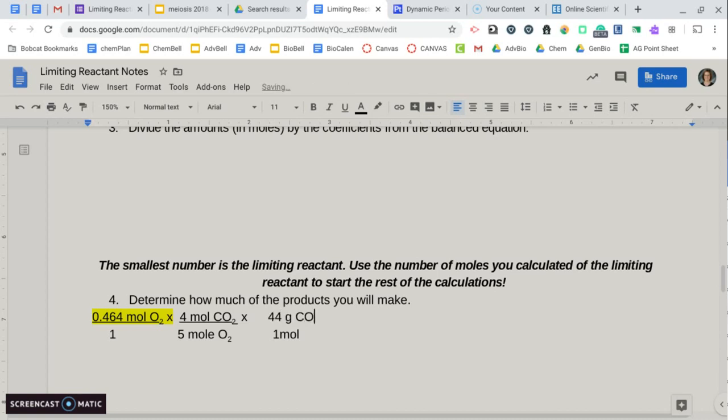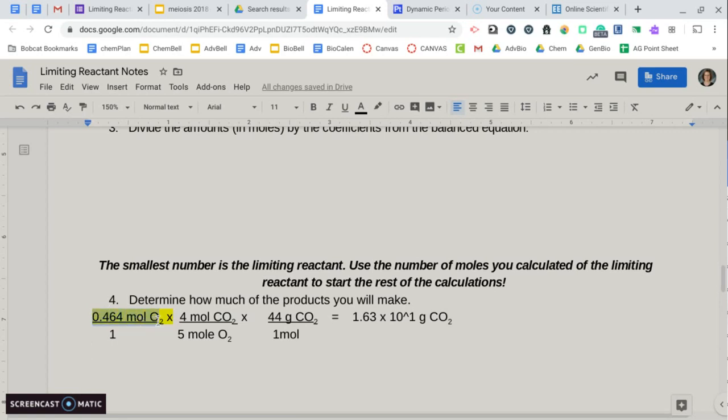Remember, that's just off the periodic table. You're going to add up 2 oxygens and a carbon, so 16 times 2 plus 12. And then if you plug that in, I got 1.63 times 10 to the first grams of CO2. Still doing sig figs, scientific notation, and all the labels.